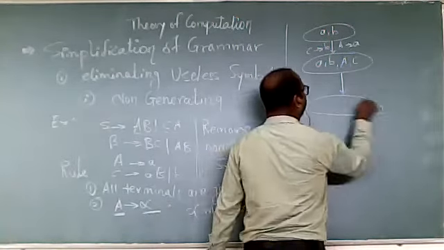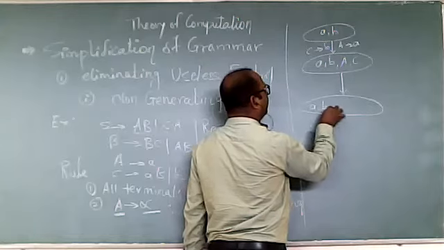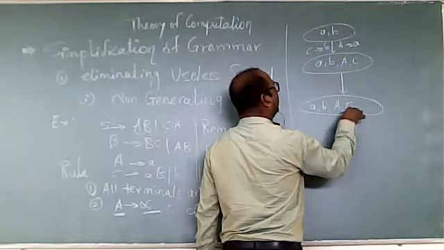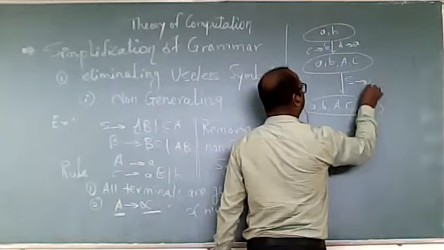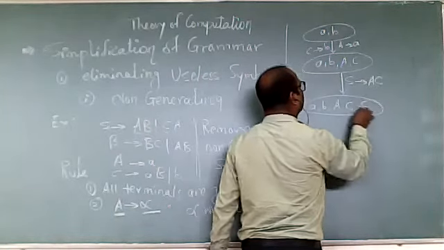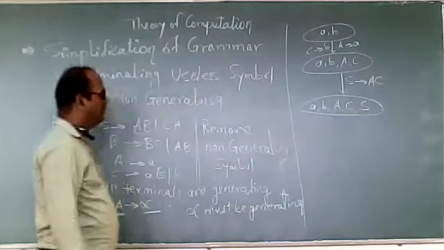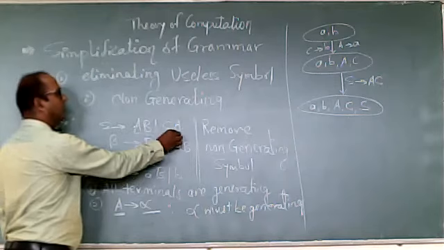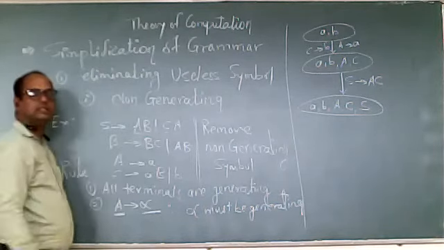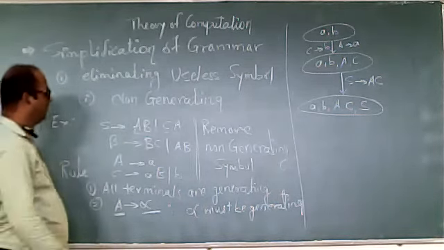So with the help of this S produces CA, we say S is a generating symbol, because C and A both are generating symbols. So it will make this S a generating symbol.